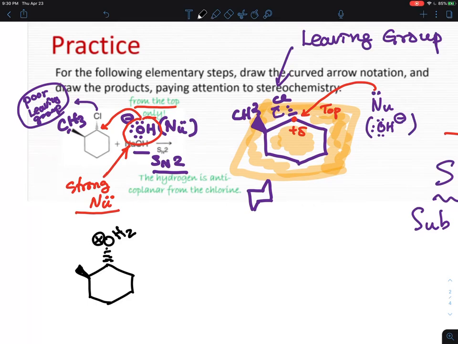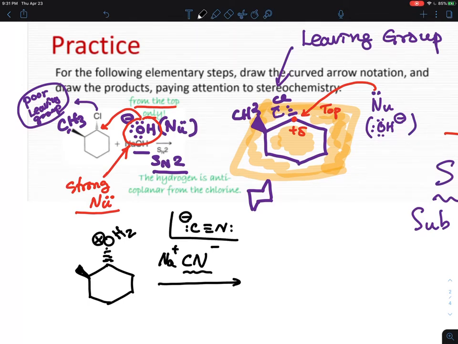And then the CN minus, for example, so sodium plus CN minus, which is essentially C triple bond N with the lone pair of electrons here. Actually, this is a very strong nucleophile. I'm just making up the nucleophile as I go along.